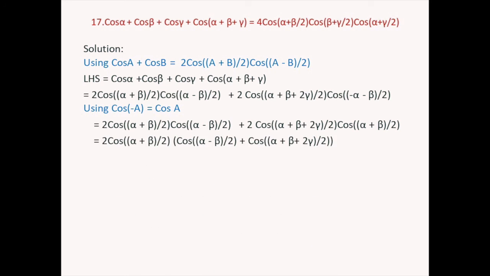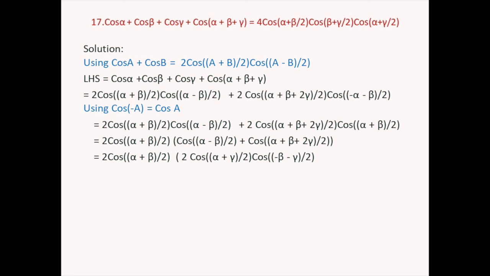Now simply taking out 2 outside, cos of (alpha plus beta) by 2 also outside as a common factor. Inside I am left with simply cos of (alpha minus beta) by 2 plus cos of (alpha plus beta plus 2 gamma) by 2.